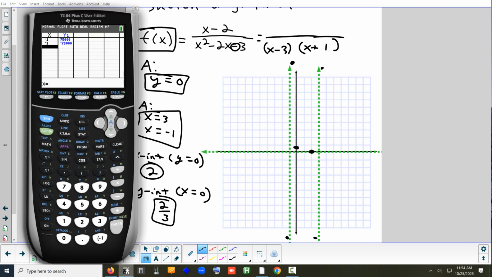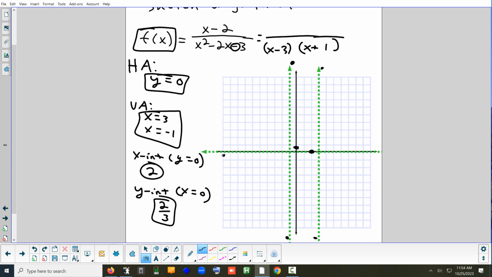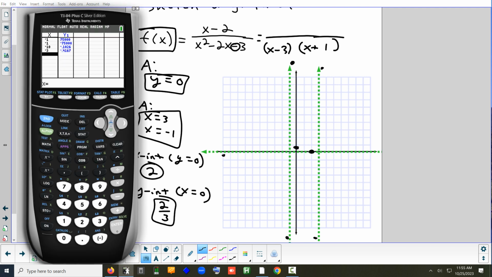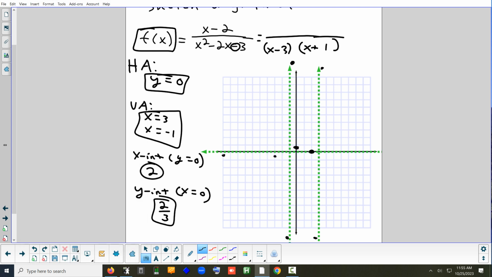I just need a couple points to try to figure out the curve. I think the calculator is going to draw this one okay. I don't think the middle is quite as steep as it was last time. I think it's a little bit flatter. So negative 10, right about there. I like to get a point where it starts to do the curve. So maybe negative 3, about negative a half. Something kind of like that in the middle.